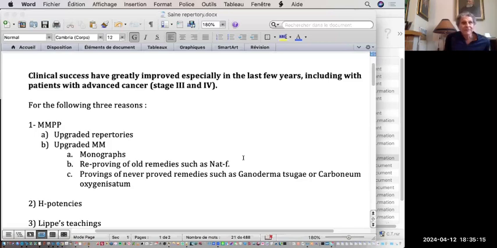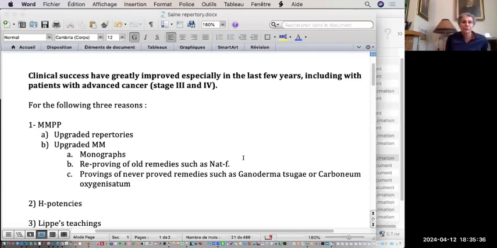So it's 150,000 new entries. So it doesn't include all the upgrade of grading. So some remedies went from grade 1, 2, 3, 4 over the years, as symptoms were being confirmed. So it's more than 150,000 additions.